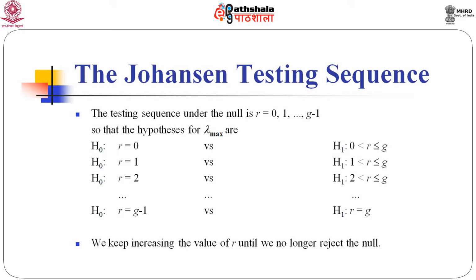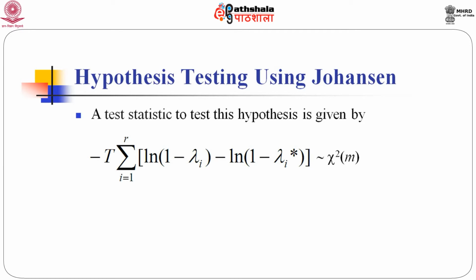So, we keep on increasing the value of r until we can no longer reject the null hypothesis. The test statistics to test the hypothesis are these, where the test statistic follows a chi-square distribution with m degrees of freedom.